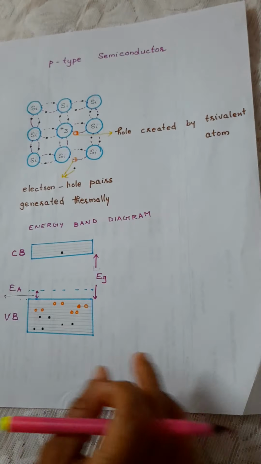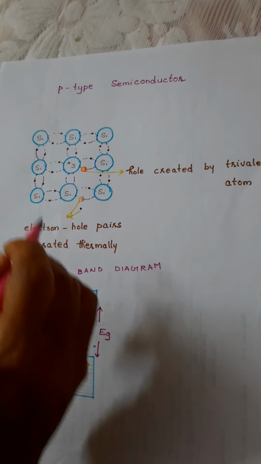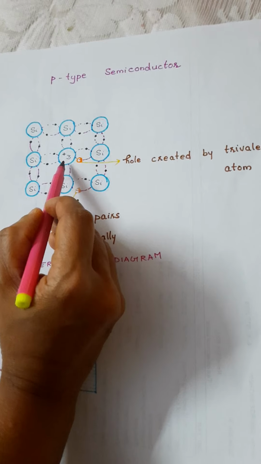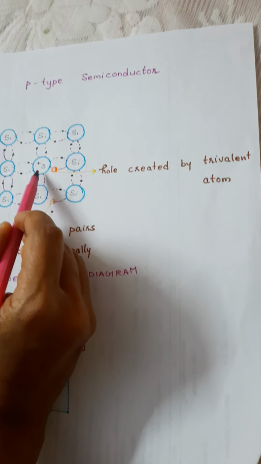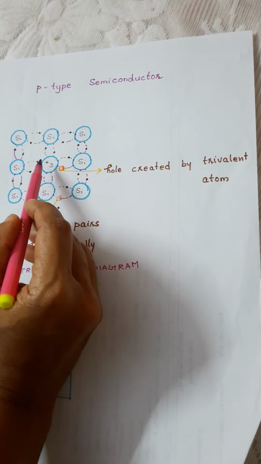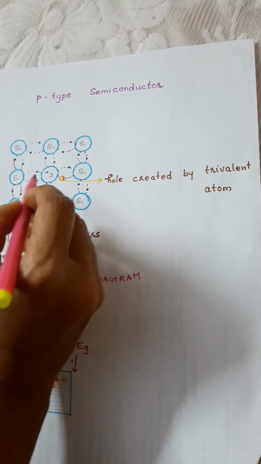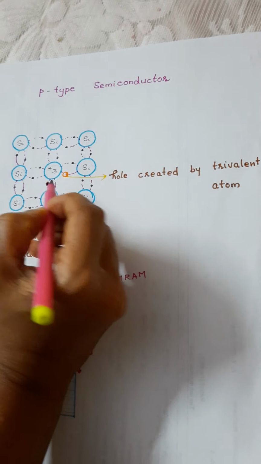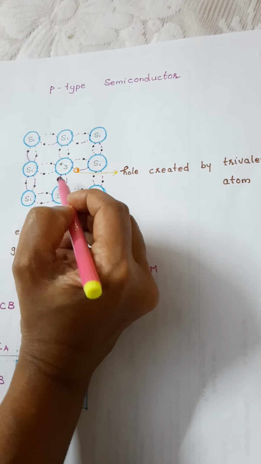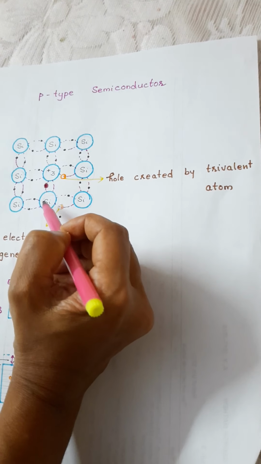Now let us see the p-type semiconductor. In a p-type semiconductor, we are adding a trivalent impurity. And this impurity atom has only 3 valence electrons. 1, 2, 3. And these 3 electrons form covalent bonds with the 3 neighboring silicon atoms.